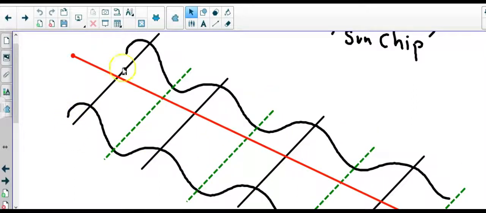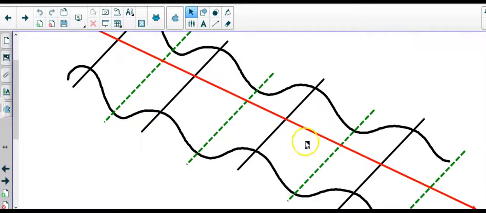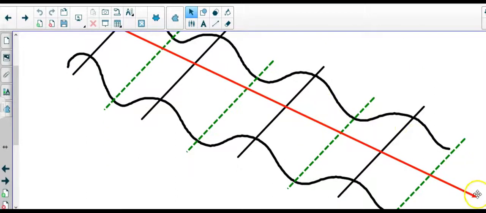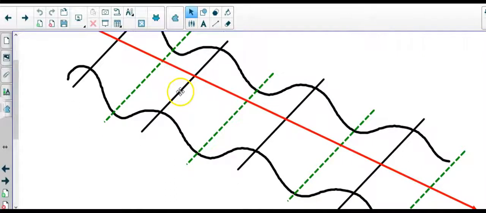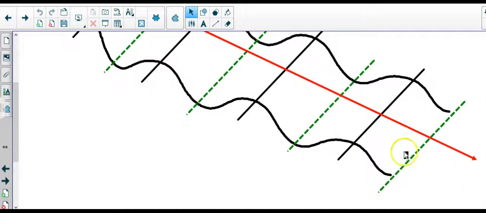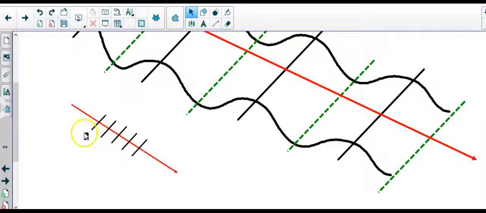So the lines that you see on the ray, this red line represents the ray, there it is, and the black lines represent the wave crests, and the green dashed lines, which are not shown in that other diagram, represent the troughs. This is a 3-dimensional perspective drawing of what you see there. So that's what those ray lines actually mean. I've put this little drawing in below here.